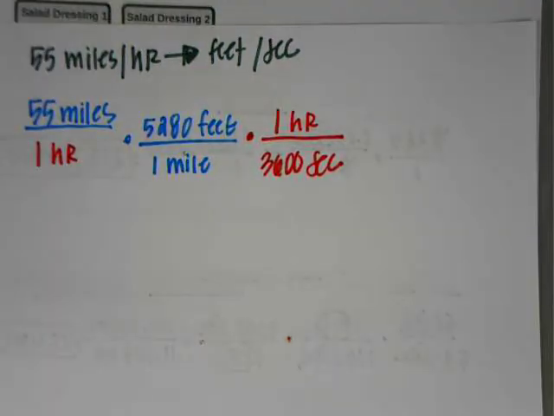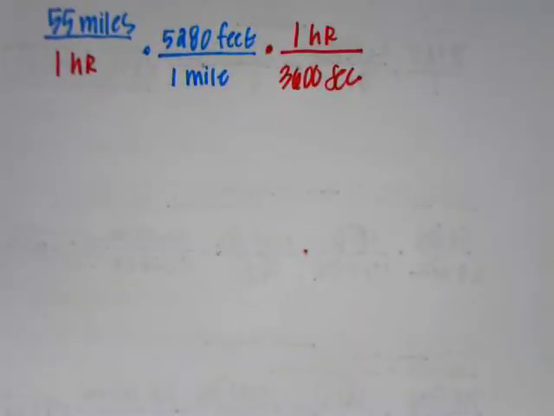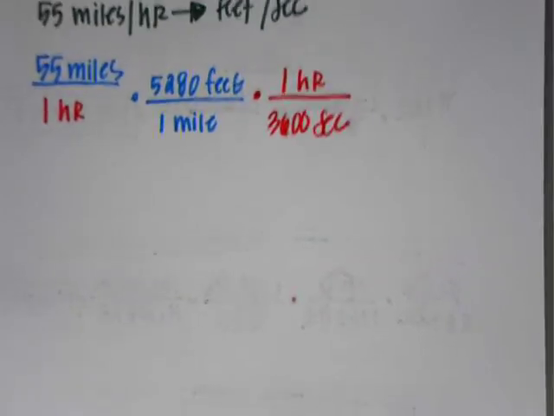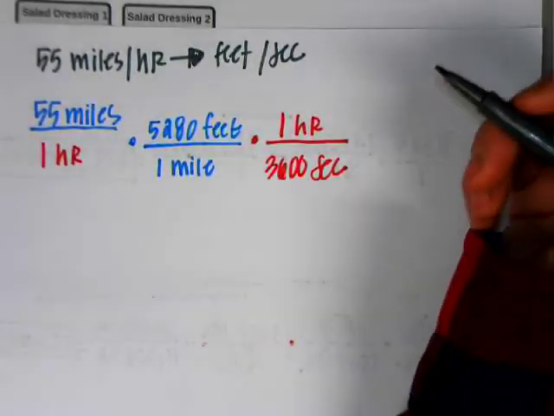Hey, what class does this look like? What class do you do this in? What class did you take last year that you did conversions like that? We did this last year, in Algebra 3-4. Oh, you do it then too?